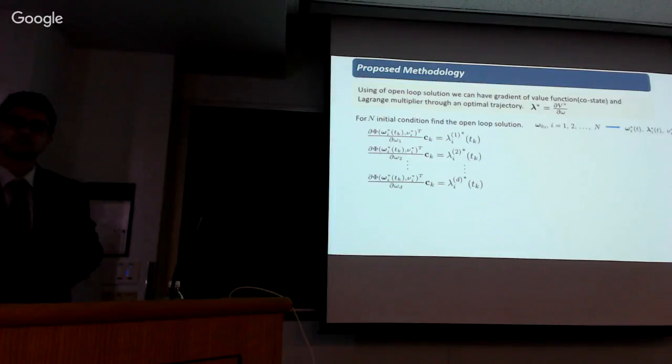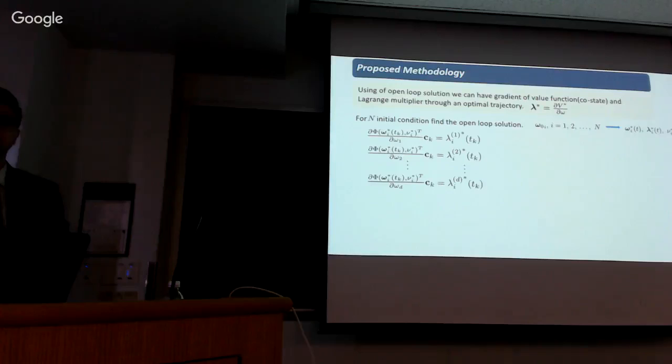By substituting my approximated value function in the co-state matching condition, I will have this set of equations. The difference between this problem and the problem that I showed you is that, because it's a finite time HJB, the coefficients are changing during the time. So I have to solve this system of equations at each time step.